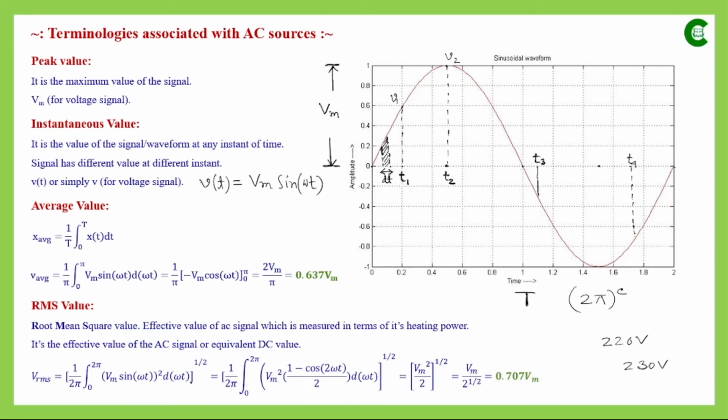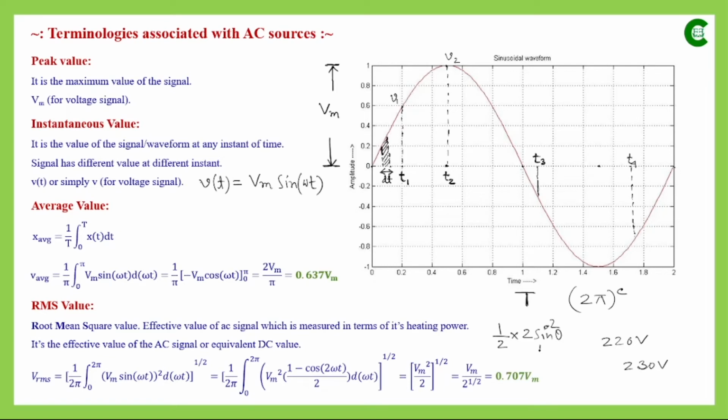Now if we follow the rule of integration, first this Vm is constant with respect to omega t, so it will come out of the integration. Now this sin square omega t has been expressed with a half multiplied, and then sin square theta has been converted to 2 sin square theta.